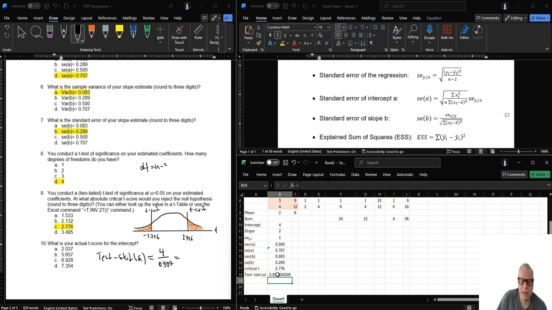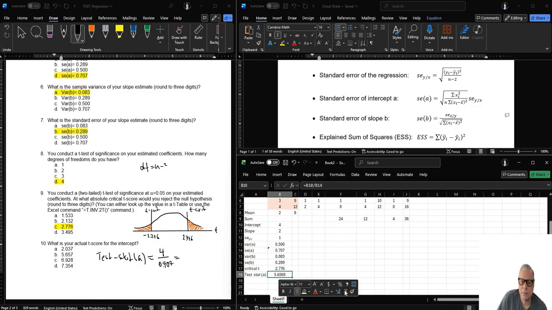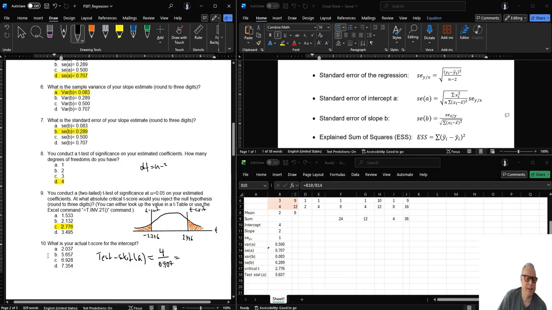And then we get a pretty high value, which is 5.657. So that of course suggests that it falls deeply into the rejection zone, so it is very, very significant.